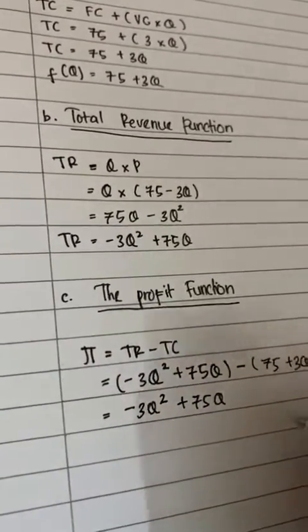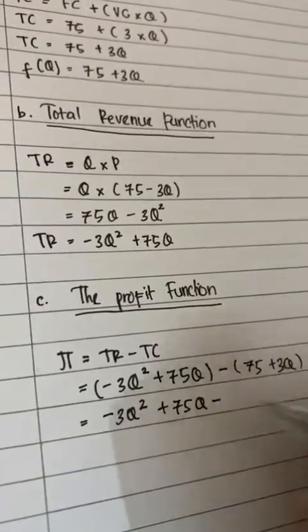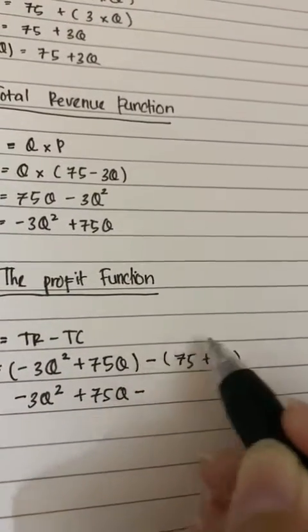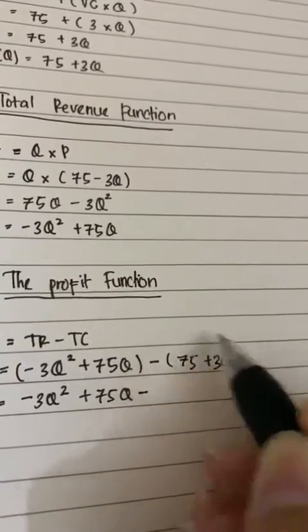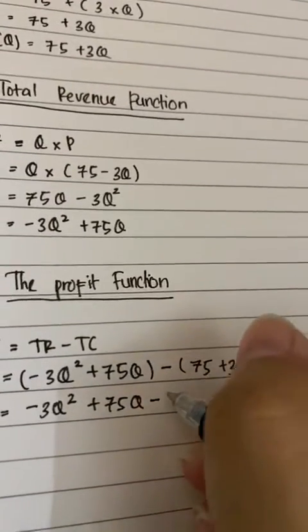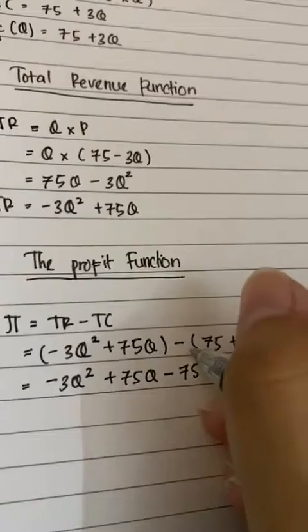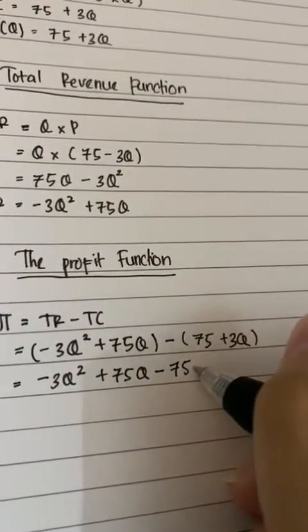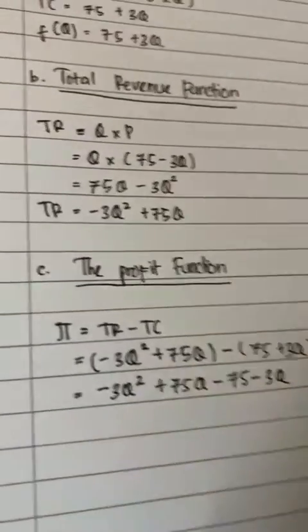So it is minus 3q square plus 75q. Then this is minus, right? So we multiply like this: minus 75, and minus multiplied by plus is minus 3q.